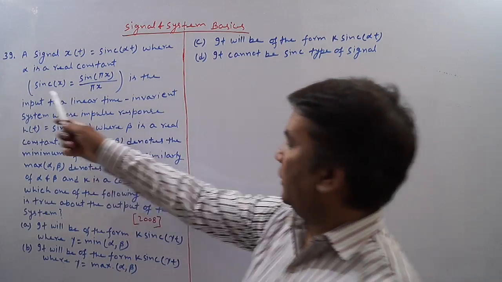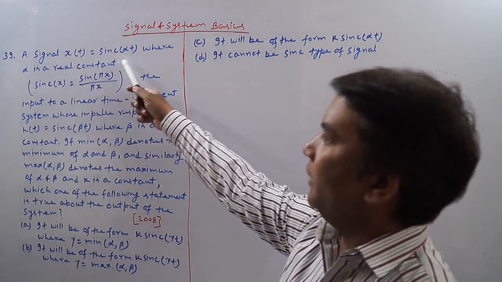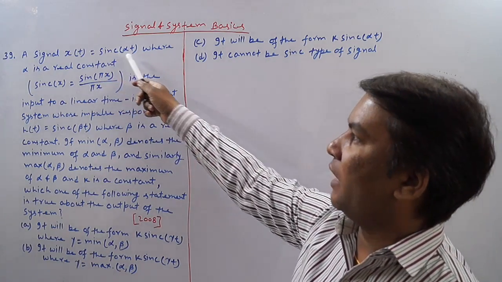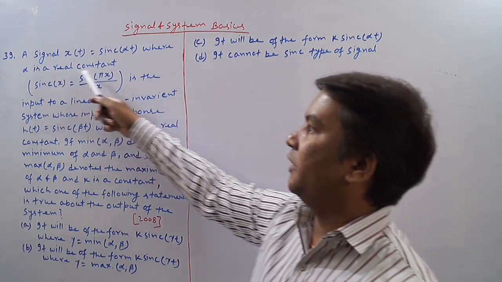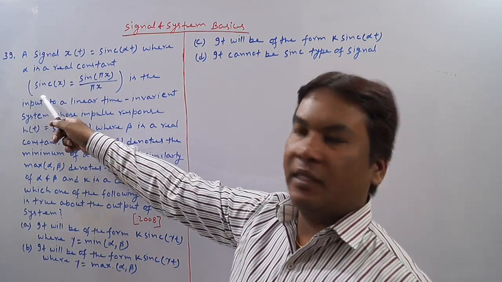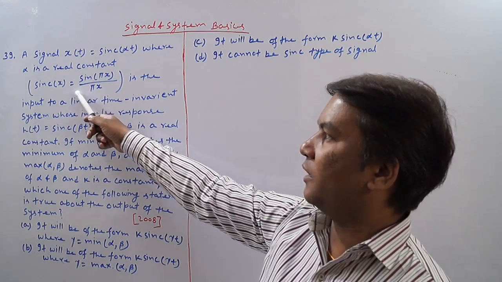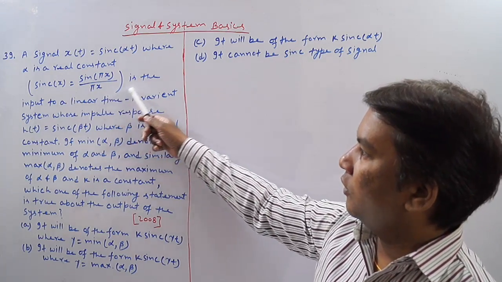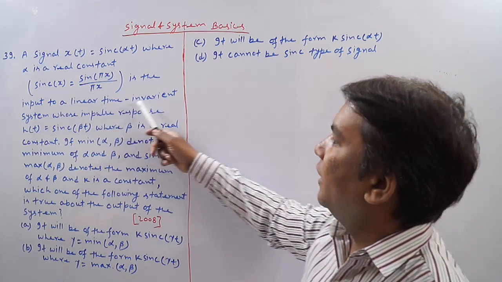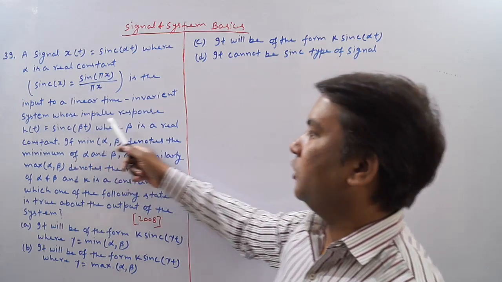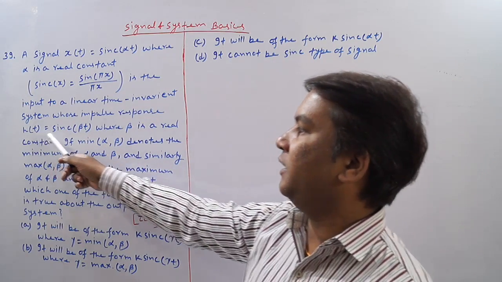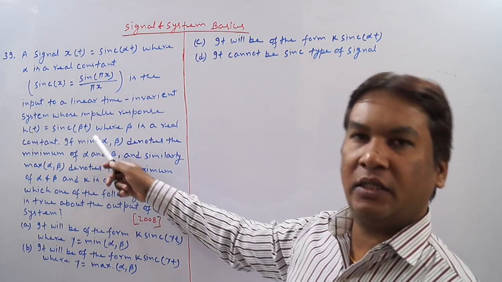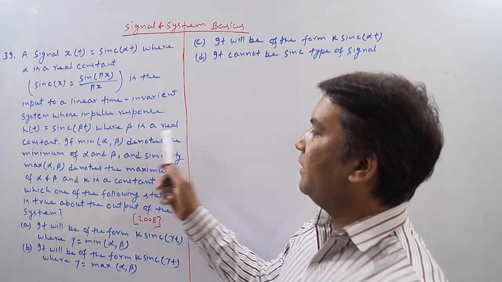The next question: a signal x(t) equal to sinc alpha t, where alpha is a real constant and sinc is defined as sinc(x) equal to sin(pi x) divided by pi x, is the input to a linear time invariant system whose impulse response s(t) is equal to sinc beta t, where beta is a real constant.